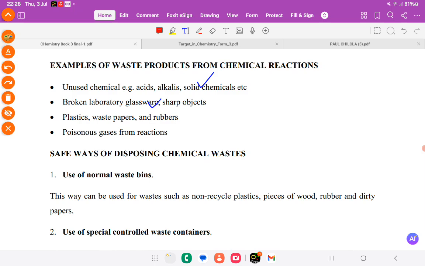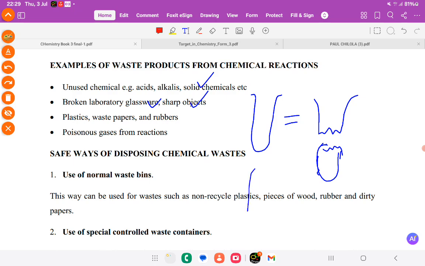broken glassware. Let's say maybe you accidentally broke a test tube by accident, right? So a broken test tube can be considered to be a waste, or a broken thermometer.